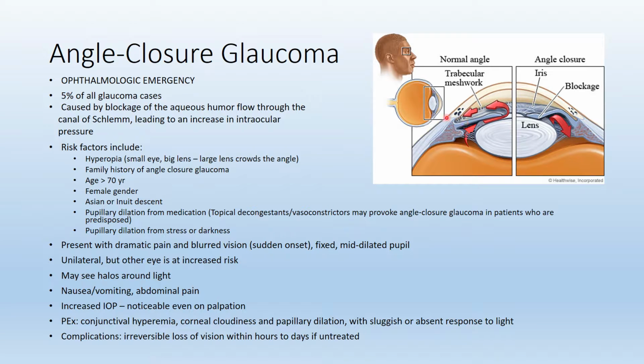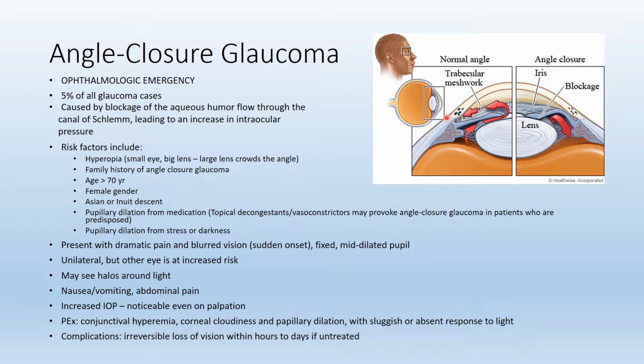If there is a blockage in that canal, then the aqueous fluid just continues to build up and increase the intraocular pressure. Risk factors for angle closure glaucoma include things like hyperopia, which is a small eye with a big lens, a family history, age over 70, female gender, Asian or Inuit descent, pupillary dilation from certain medications such as topical decongestants or vasoconstrictors, as well as pupillary dilation from stress or darkness.